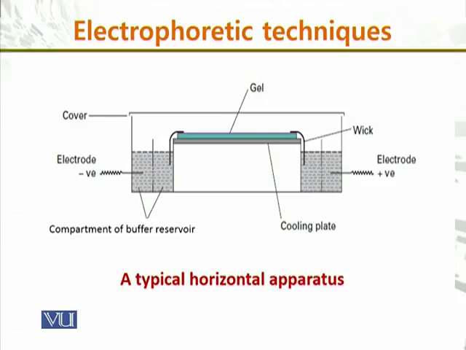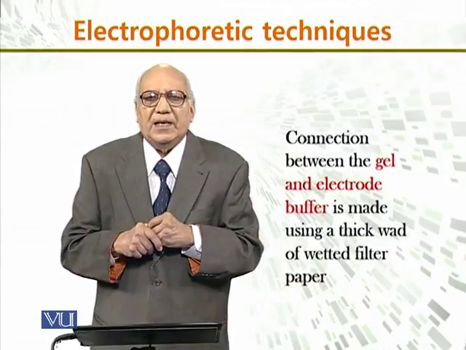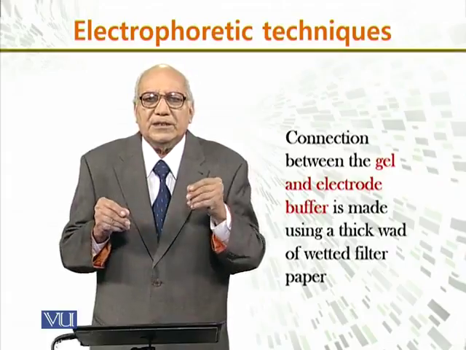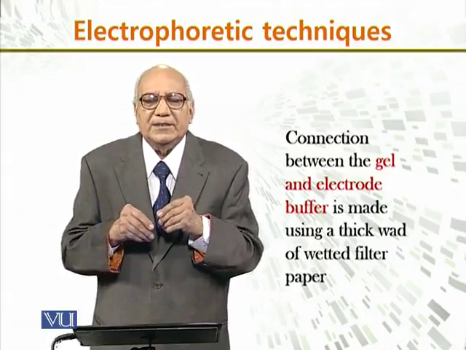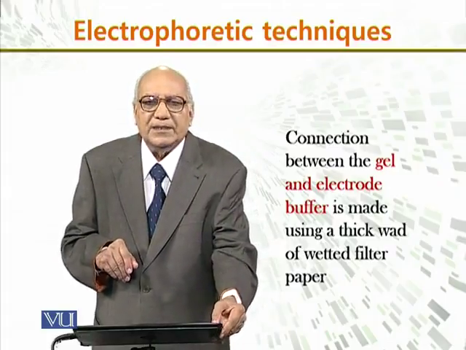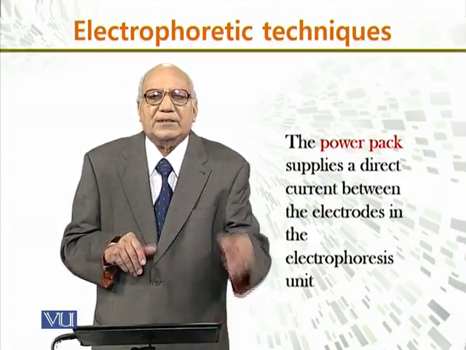The gel is placed on a cooling plate, and the electric current helps to migrate the particles toward their respective charges. The connection between the gel and the electrode buffer is made using a thick wad of wetted filter paper.